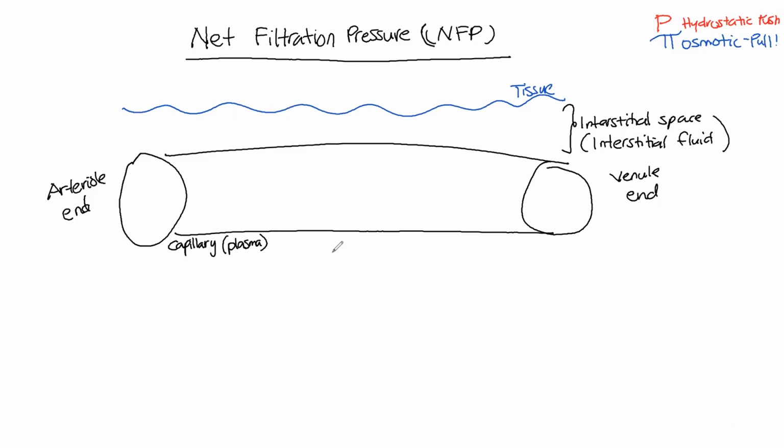Now, does anyone remember which of our forces changed across the capillaries? It was different on the arterial end than it was on the venule end. So only one of our forces actually changed when we go from arterial to venule end. Anyone remember that force?